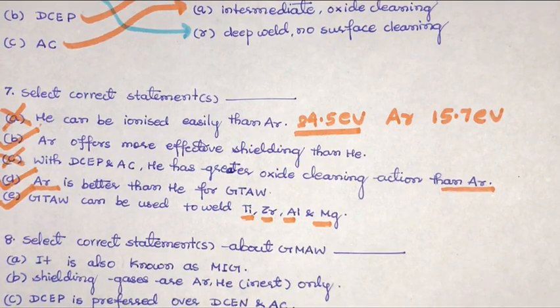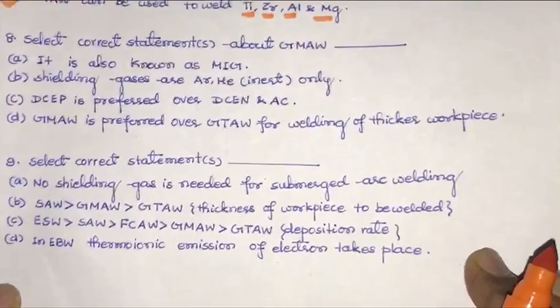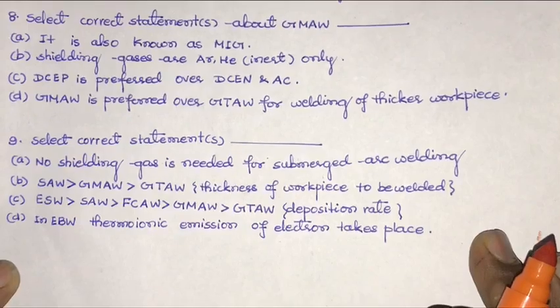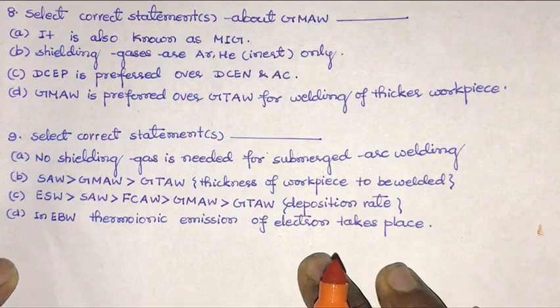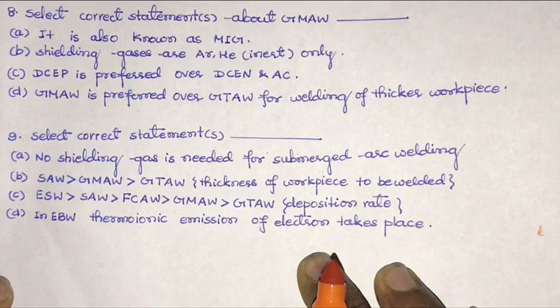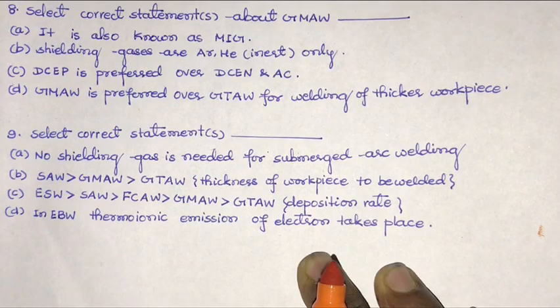Now coming to the next problem. Select the correct statement about gas metal arc welding. The first statement: it is also known as MIG.